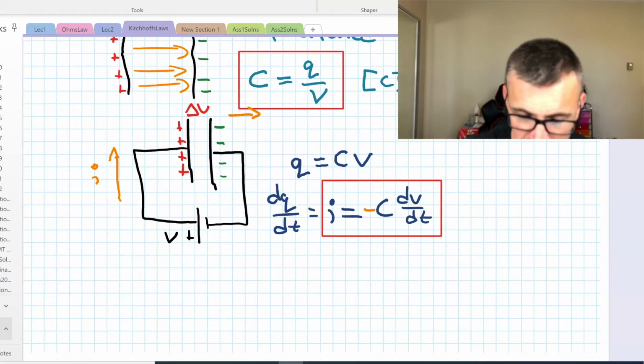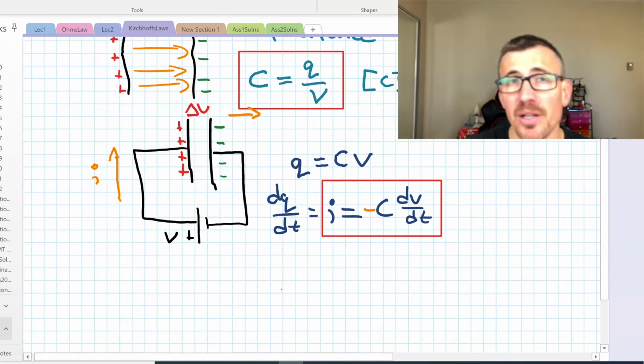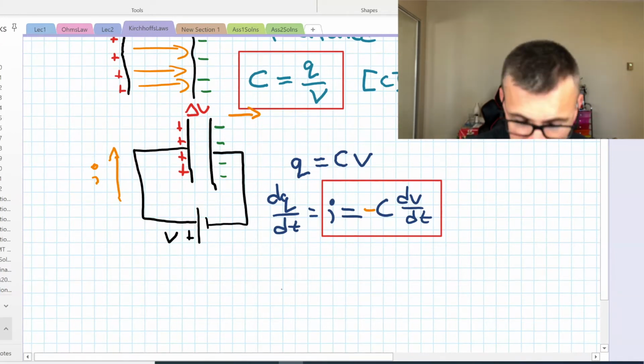So let's think about how we can calculate a similar formula for the capacitance instead of the resistance. We're going to have to go back into our memory banks and remember a fact of electromagnetism.